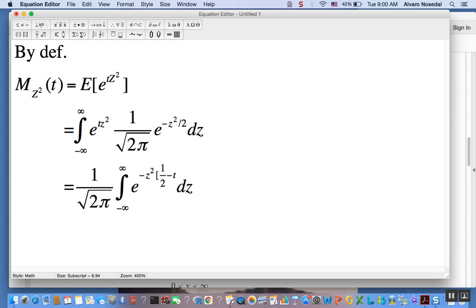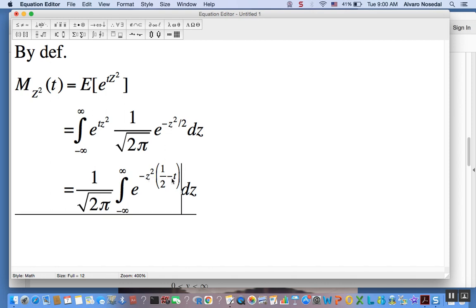Minus t, okay, that's what I want in the exponent. You guys agree? Negative z squared, times 1 over 2 gives me that term, minus times minus plus z squared times t.